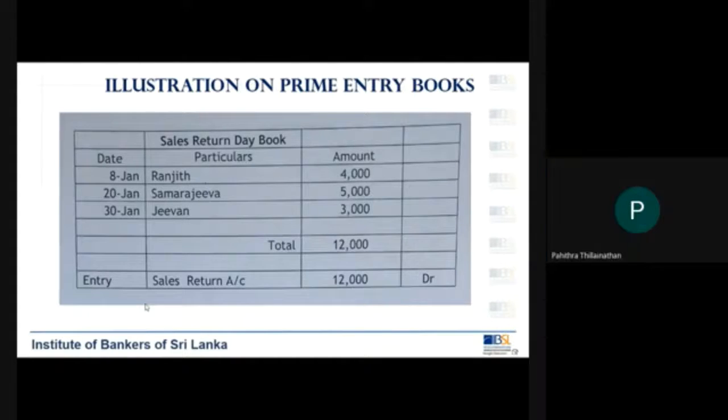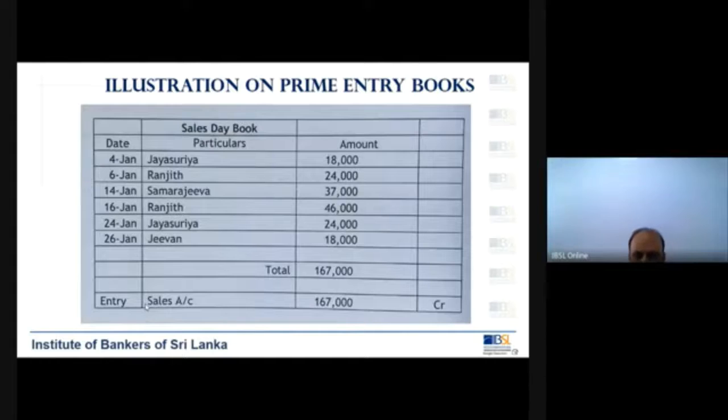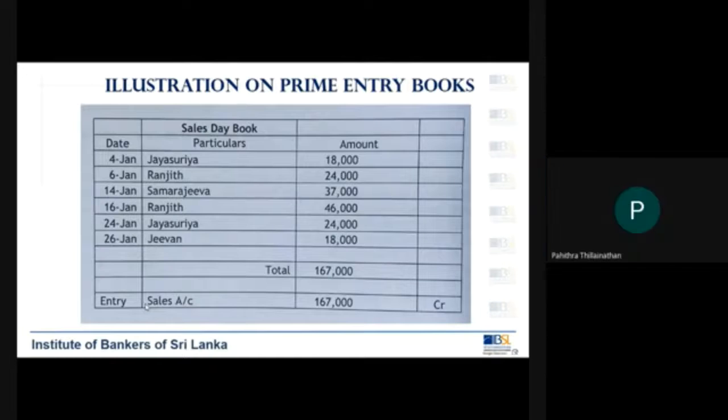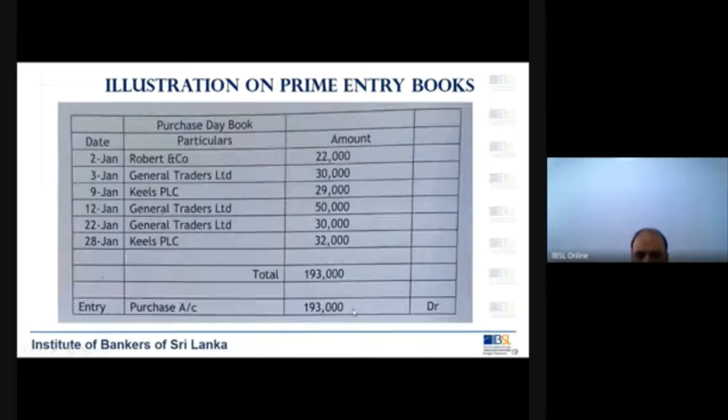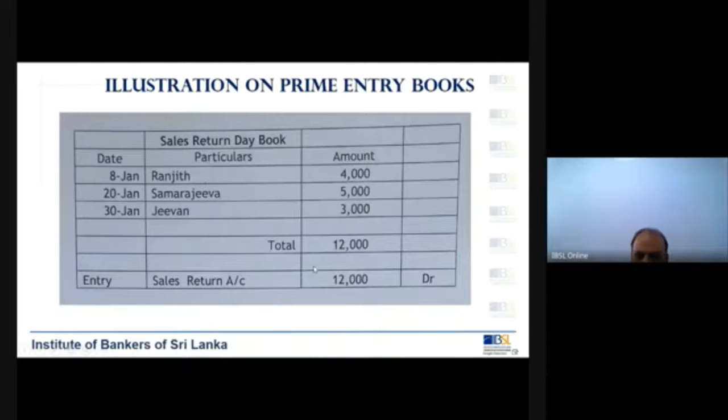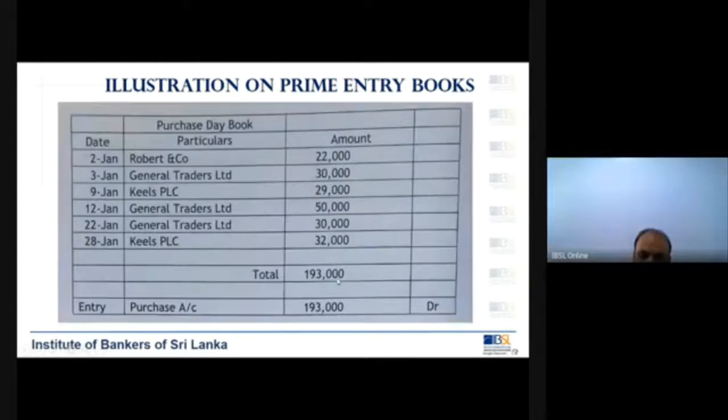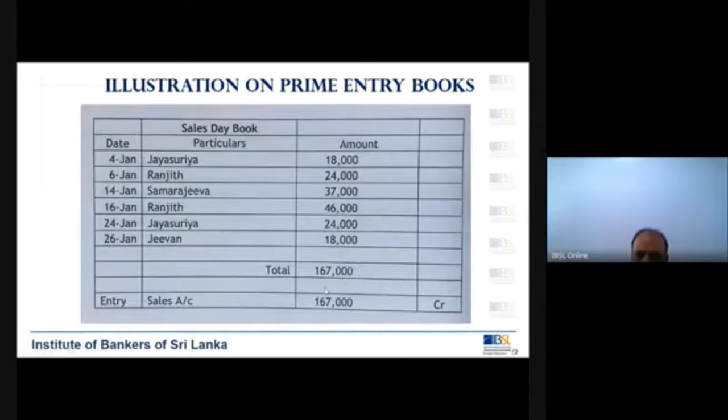Because when I did the sales day book transaction, what did I do? I debited debtors, which means the debtors have to pay me 167,000, and I credited sales. Now, when the return happens, what will that mean? Whatever you have sold is now getting returned. So the 167,000 will not be received from your debtors.